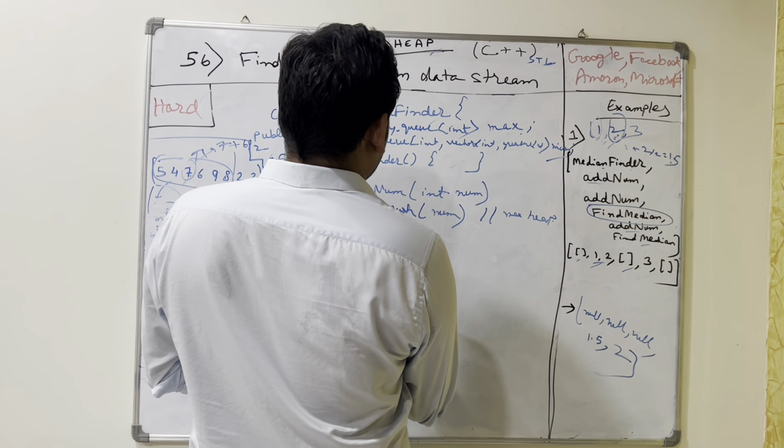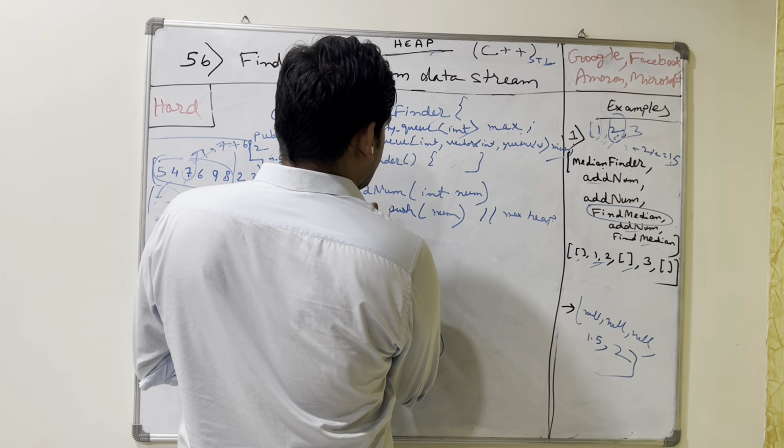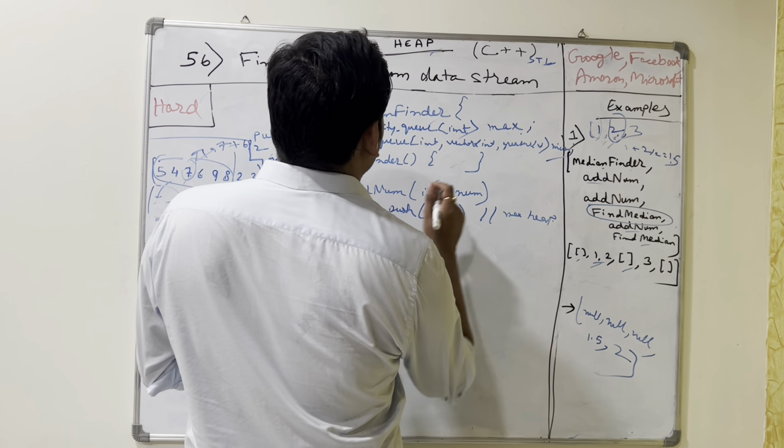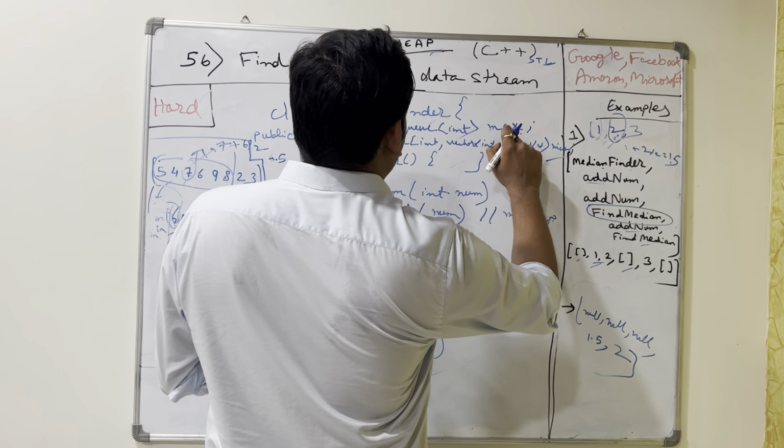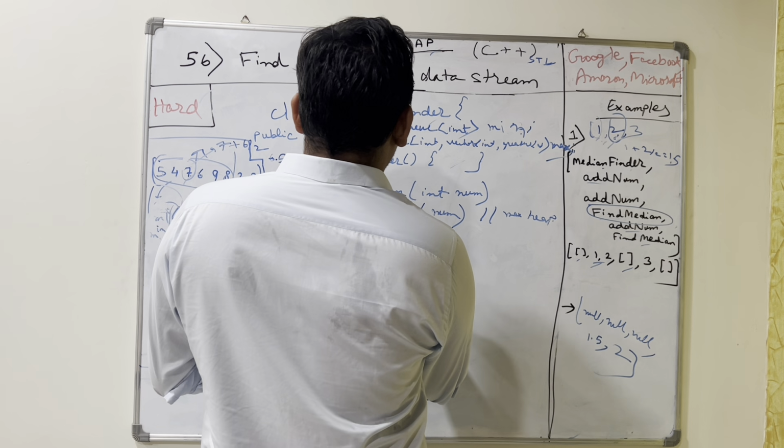Yeah, in the min heap we will. So this is a max heap, it should be named as min, and this is a min heap, which should be named as max. And we will push always to the max heap.